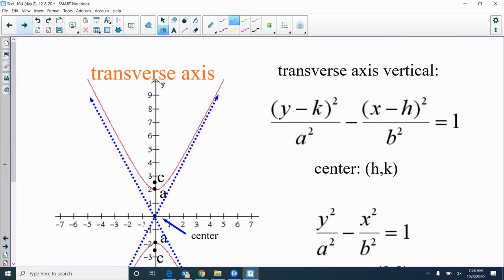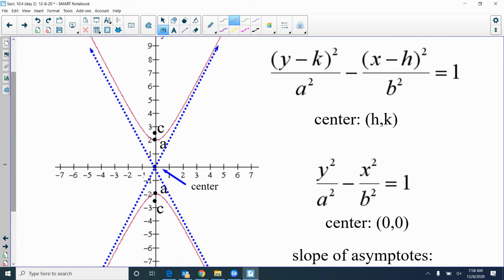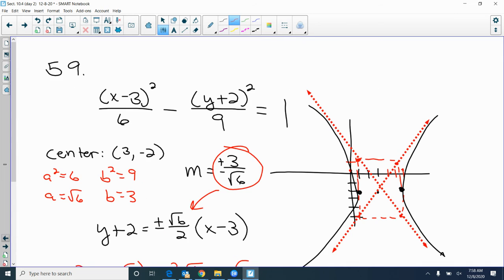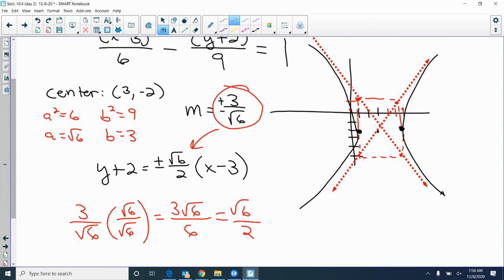That is what goes through the center. It goes through the foci and it goes through the center. So for right here, your transverse axis, and I know we haven't talked about it a ton, would be this line here, and whatever your y value is, so this would be y equals -2. That would be your transverse axis.